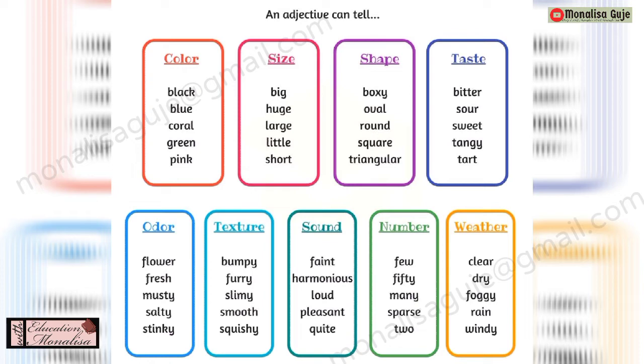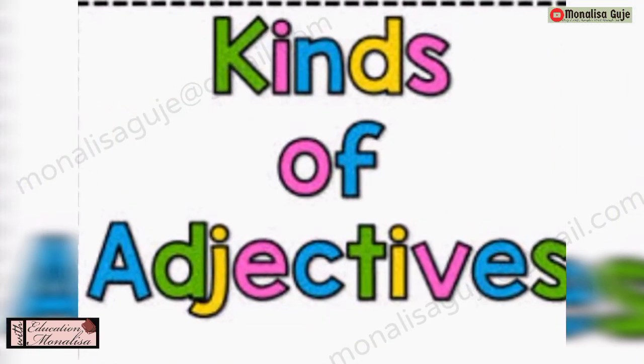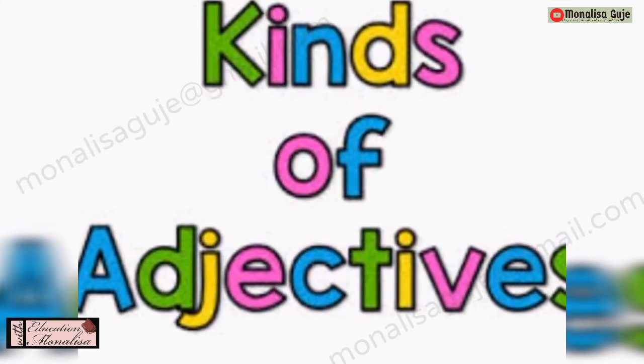So anything that is being told or gives us detailed information is called an adjective. An adjective is a word which describes or gives information about a noun or a pronoun. Beautiful flower, big house. So you have to copy this definition of adjective.